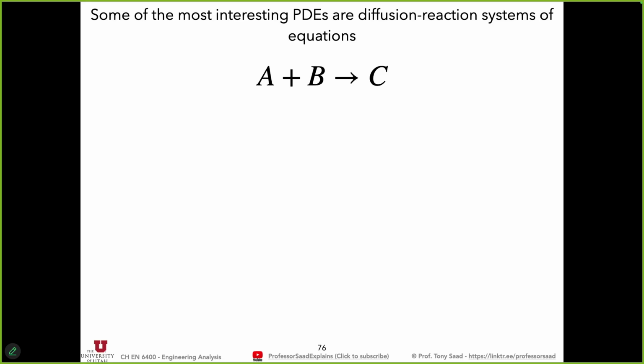If you go back to the mid-century, Alan Turing was one of the first people to develop this system. It's called the Turing diffusion reaction system, as an attempt to model complexity in cells in the human body.